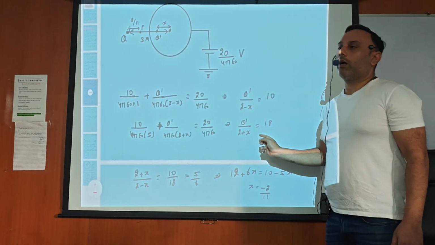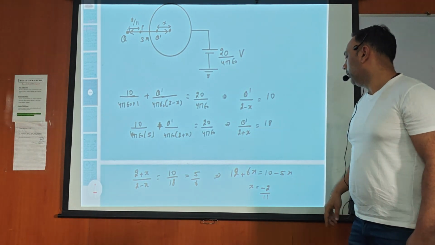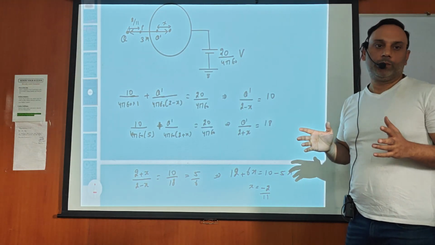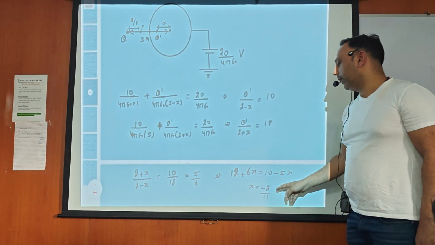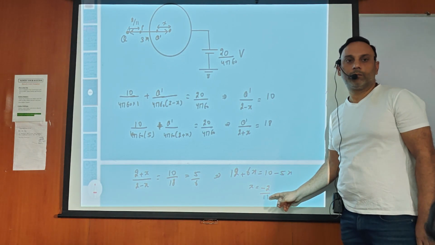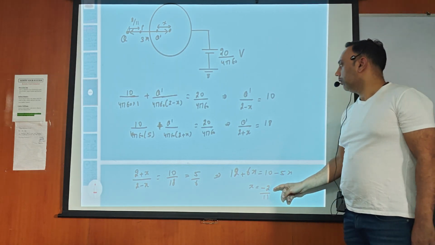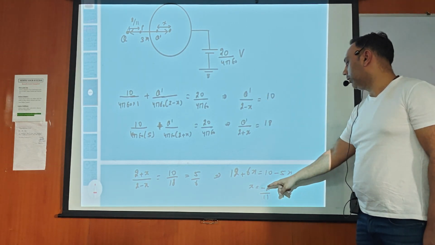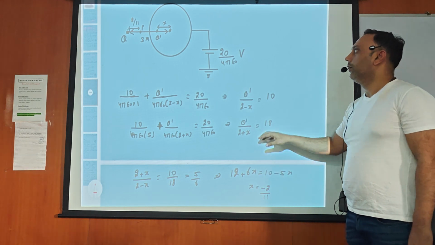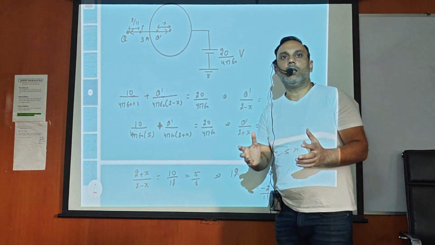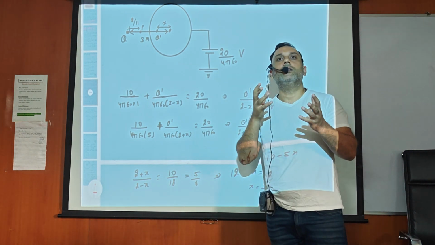So upon solving these two equations, we should get the values of x and q dash. On solving, what x are you getting? Minus 2 by 11. If you divide these two equations, you should get x as minus 2 by 11. Okay, no problem, beta. It's not about the calculations, it's about the concept.